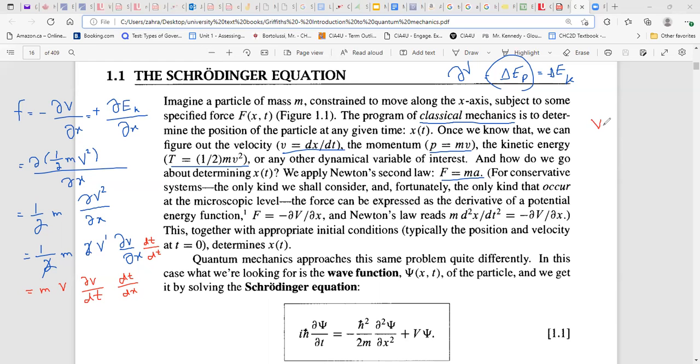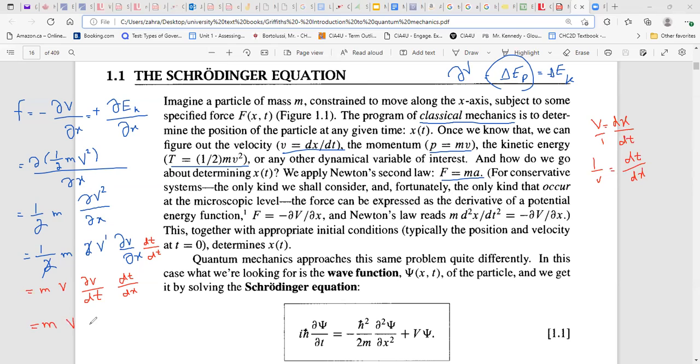I know velocity is dx/dt, the first derivative of the displacement with respect to time. So 1 over v is dt/dx, just reversing both sides. Like if the denominator here is 1, reverse it, and you have that. So dt/dx is 1 over velocity.